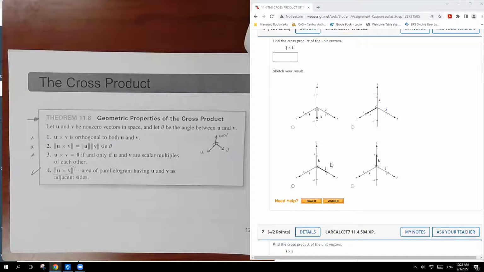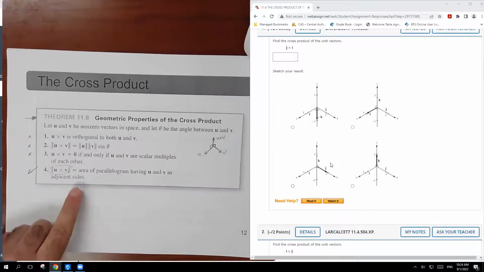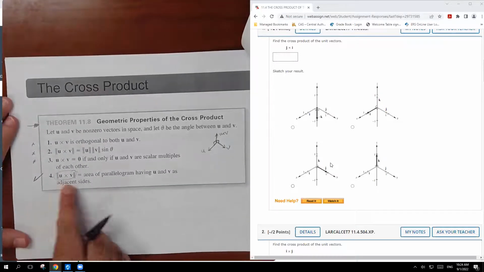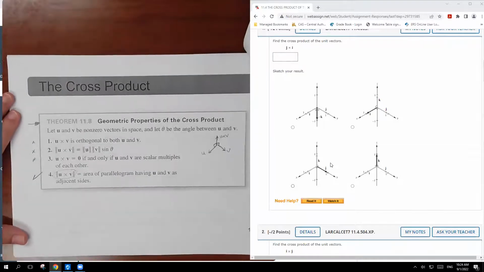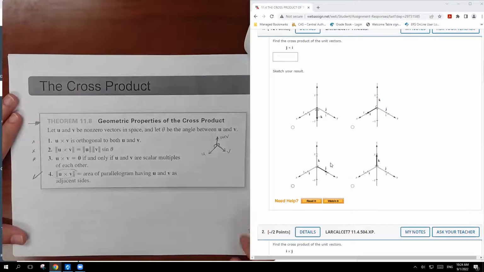So when they ask you to find the area of a parallelogram, the easiest way is to find the cross product between U and V. The length of the cross product is always going to be the area of the parallelogram. This one is really important, and we're going to use it to solve an example. So let's keep going.